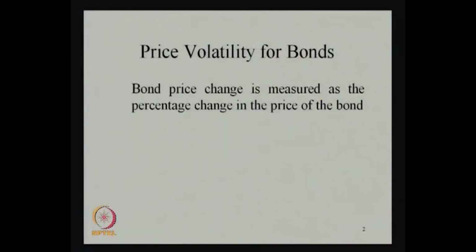First of all, let us see which factors affect bond price volatility, or the fluctuation in bond pricing in the market. Before that, what exactly does bond price volatility mean? Bond price change or bond price volatility is measured as the percentage change in the price of the bond.